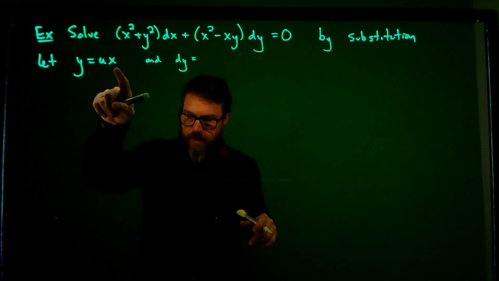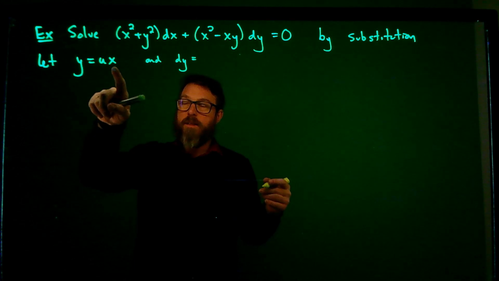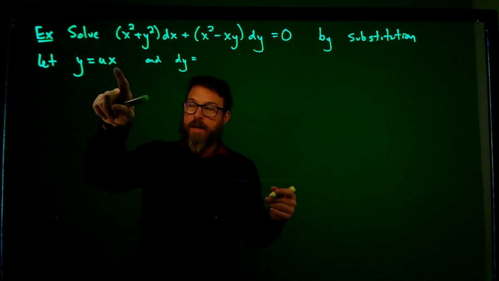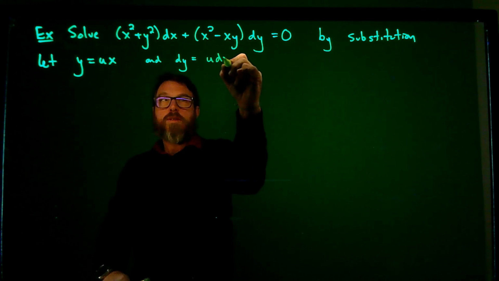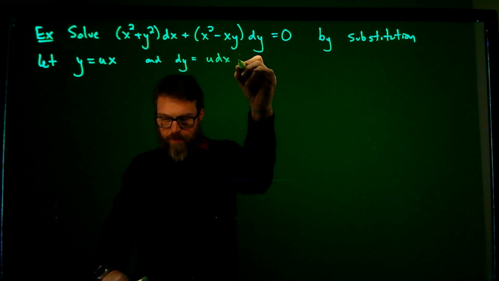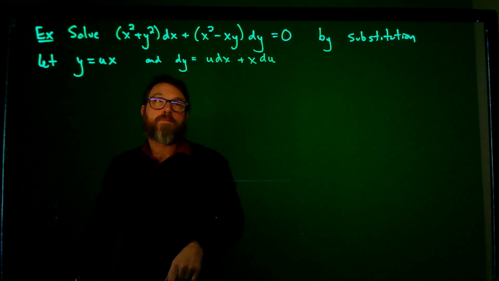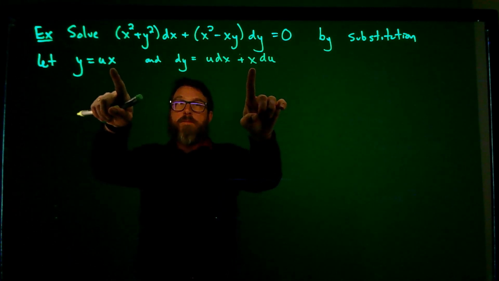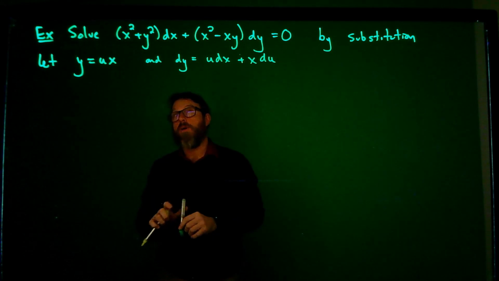I always went derivative of the first times the second plus the first times the derivative of the second. I'm going to write it the same way they do: u dx plus x du, which is still just the derivative of the first times the second plus the first times the derivative of the second. So it's really nothing more than the product rule.